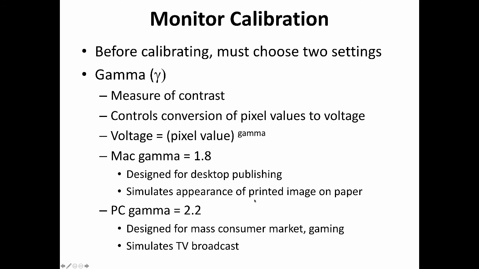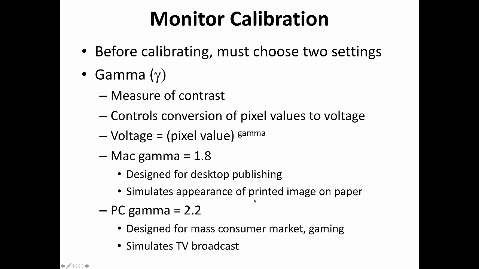What that means is if you have a large value of gamma, then any change in pixel value is going to translate into a larger change in voltage. A small value of gamma means that the same change in pixel value translates into a smaller change in voltage.